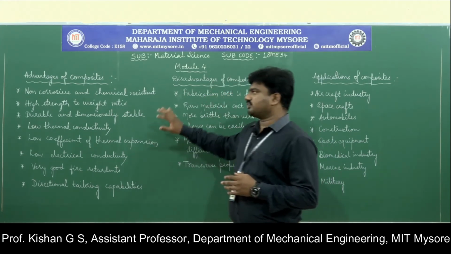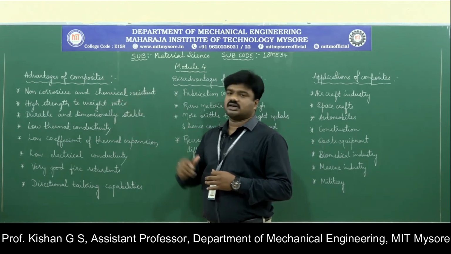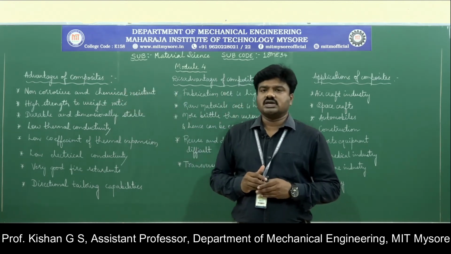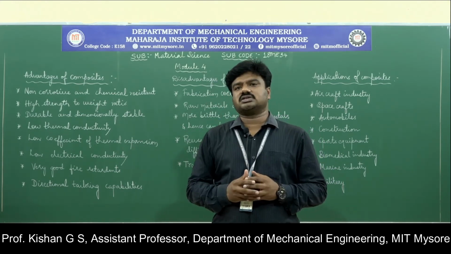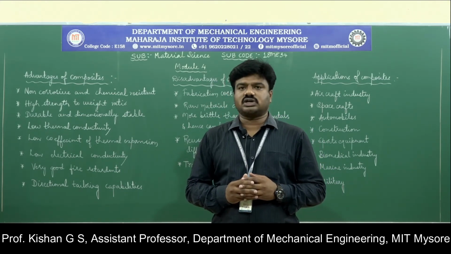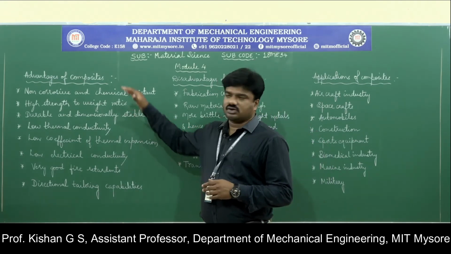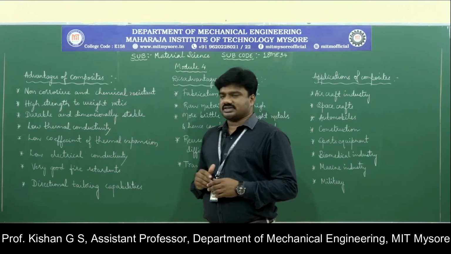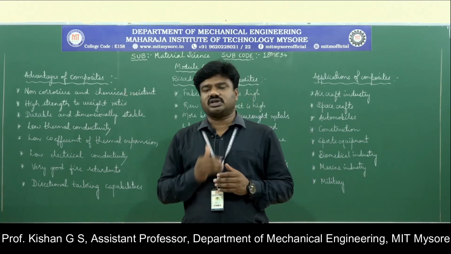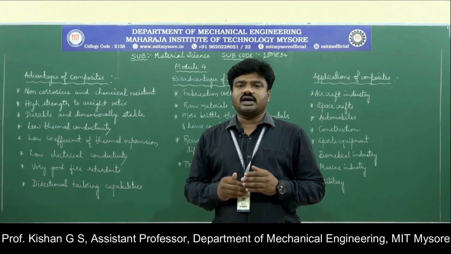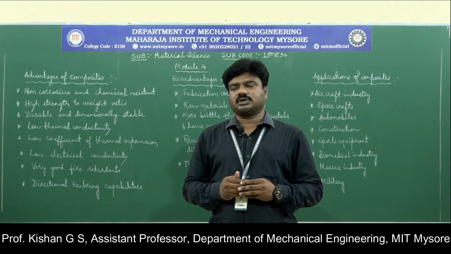The advantages of composite material begin with the non-corrosive and chemical resistant parameter. Since we have a limited presence of metallic materials in composite materials over the targeted application, the composition will always be non-corrosive and chemical resistant. This is one of the major advantages which accounts for the utilization of composite materials in very unusual areas of application.